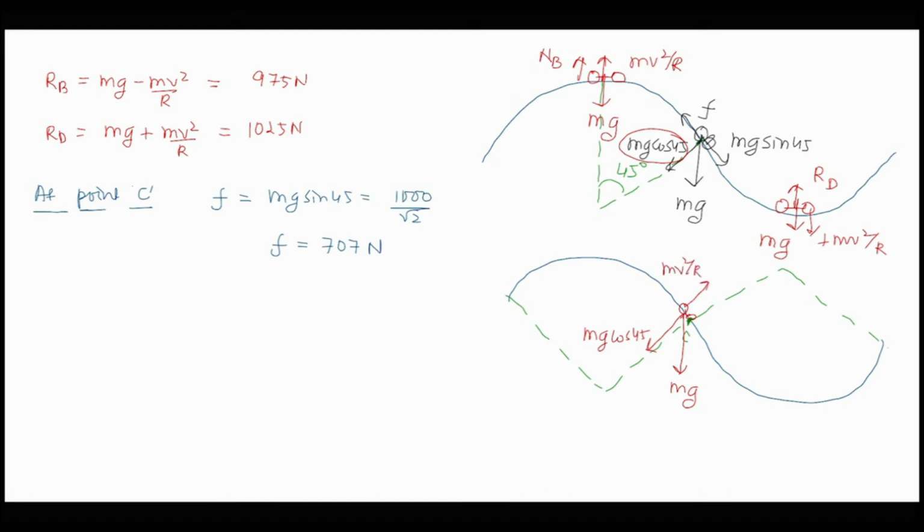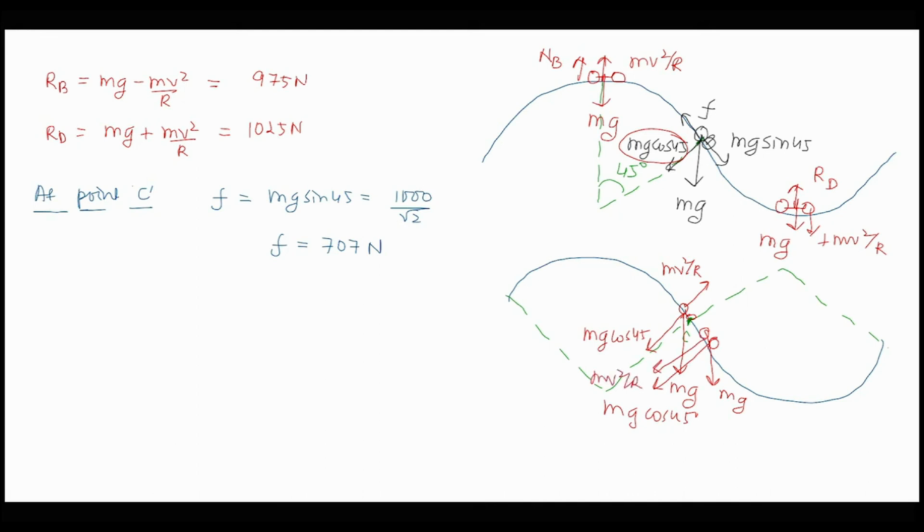And after it crosses point C, the component of mv square by r and the component of weight are going to be in the same direction, that is mg cos 45 degrees approximately, because just after crossing, mv square by r will be acting in the same direction.